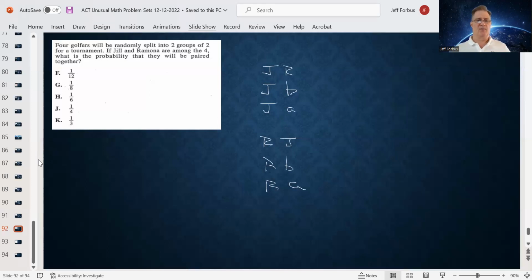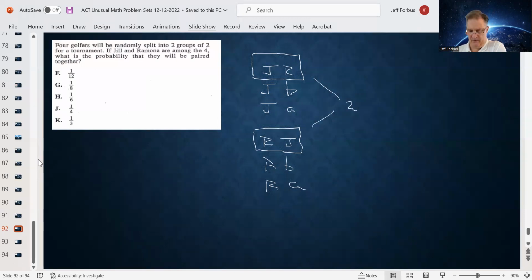Now, what is the probability that they will be paired together? So Jill and Ramona is what we're looking for. Or you could say Ramona and Jill. So there are 2 chances right there, here and here, that fit them. Now, that's out of how many total? 1, 2, 3, 4, 5, 6.